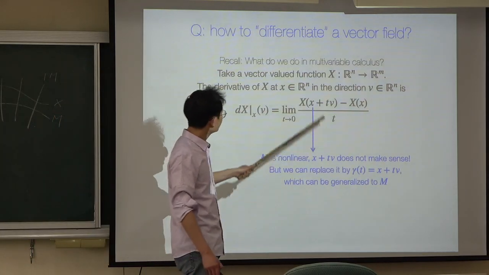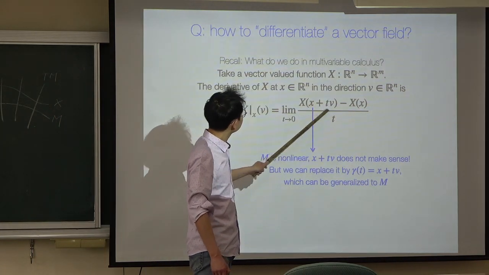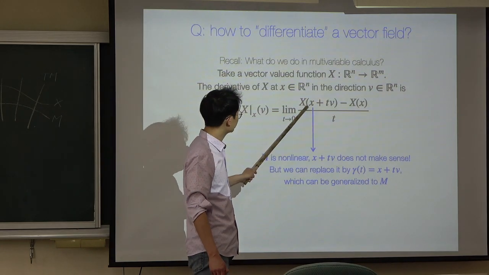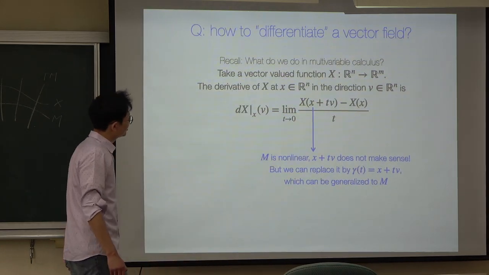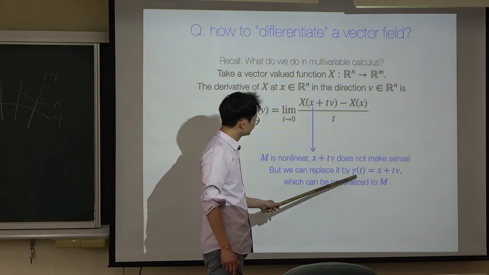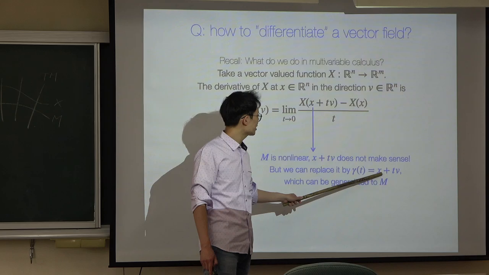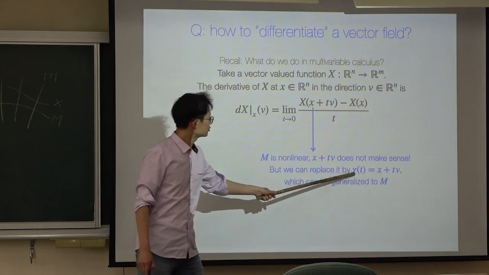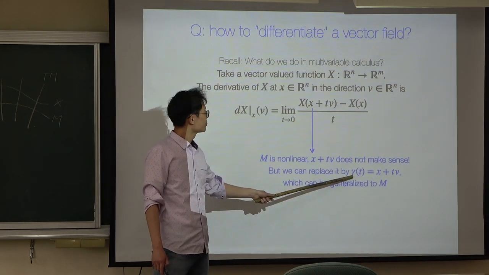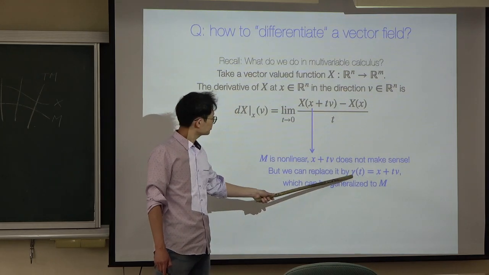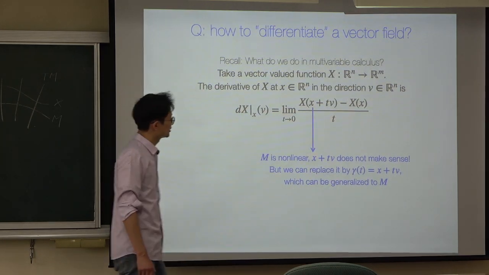However, how to make this make sense in general in the manifold setup? What we can consider is, first, gamma is a linear curve in the Euclidean space, x plus tv. And this trajectory can somehow be generalized to the manifold setup.